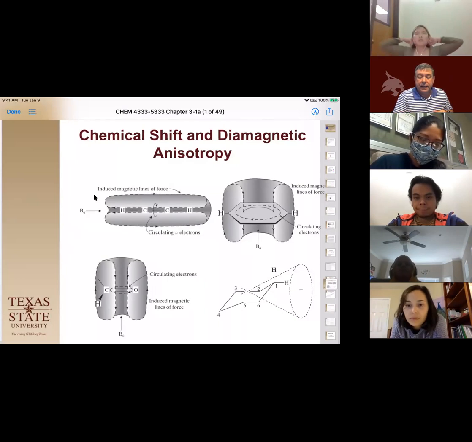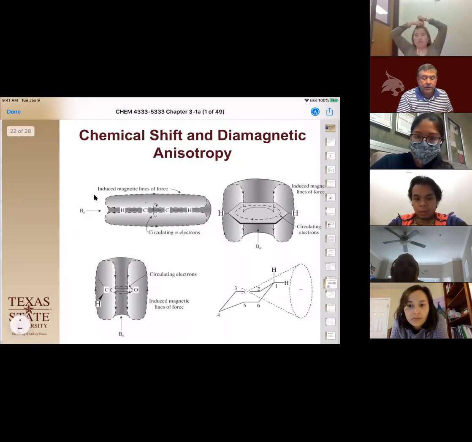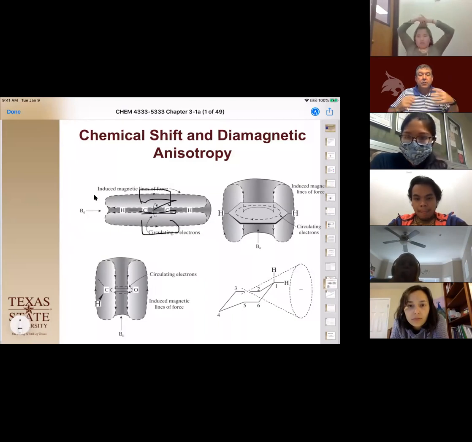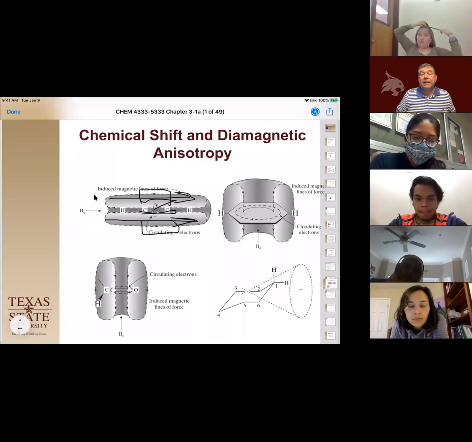Okay, so in the case of acetylene here, because we have a pi bond here and a pi bond here and a pi bond here and a pi bond here, so we have those 2 pi bonds and they're above and below that, so it actually creates an induced magnetic field in that linear direction. What that's going to do is change its shielding.